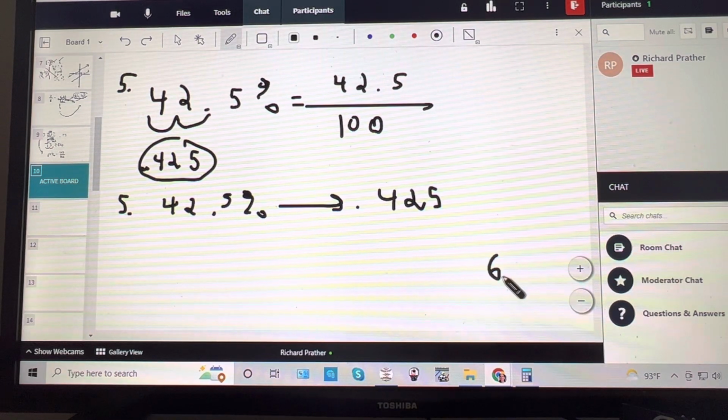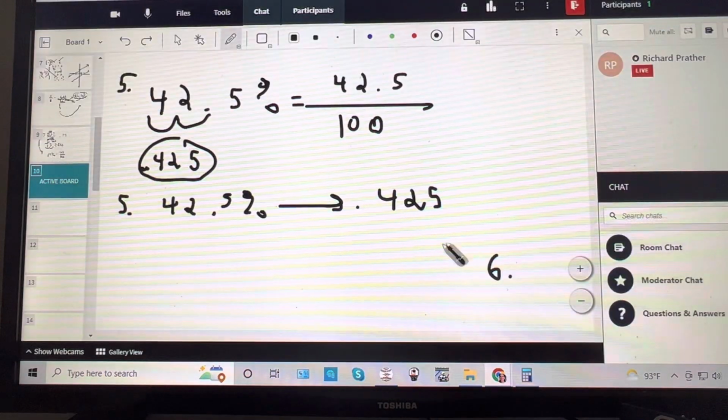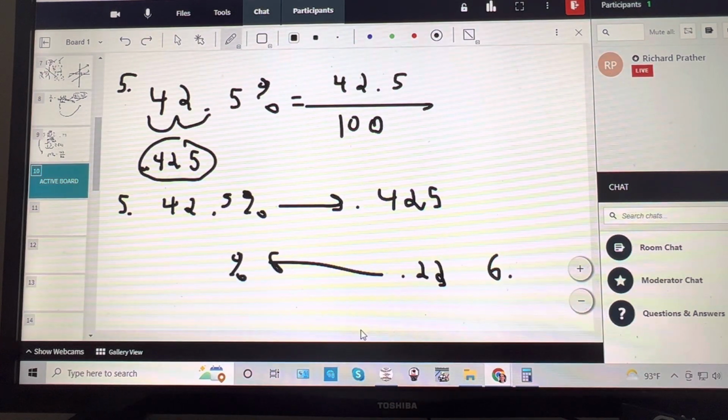In number 6, we're starting with 0.22. And we want to make that a percentage. So 2 ways to think about it is you're actually moving the decimal over twice to the right, and that makes it 22.0 or just 22. Or remember that percentages look bigger than decimals do.